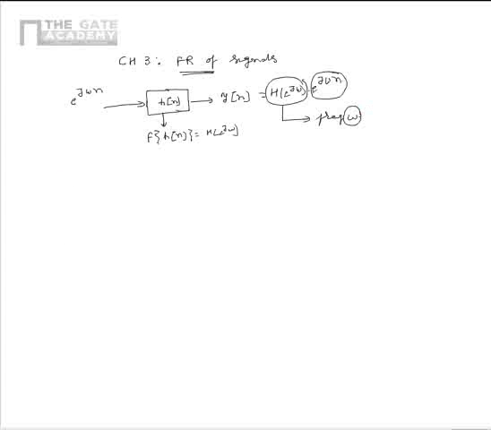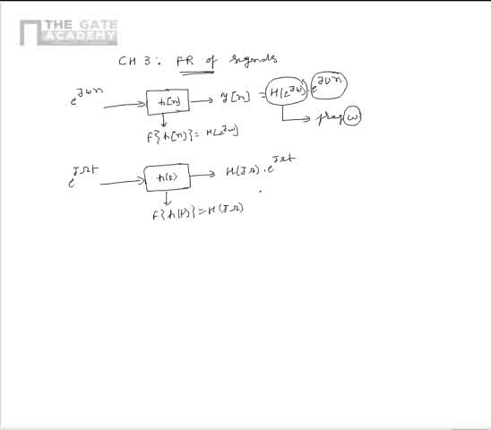Similarly, in the continuous time case, if we give an exponential input e power j omega t to an LTI system of impulse response h of t, then the output of the LTI system is H of j omega multiplied by e power j omega t, where the Fourier transform of h of t is equal to H of j omega.